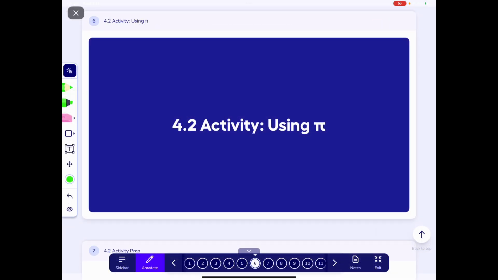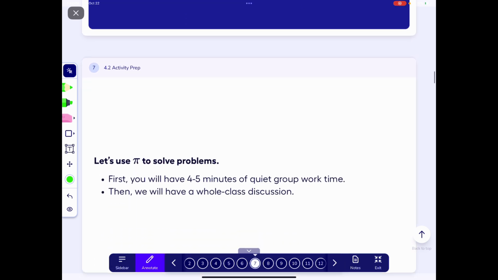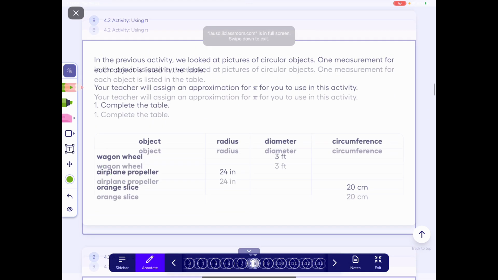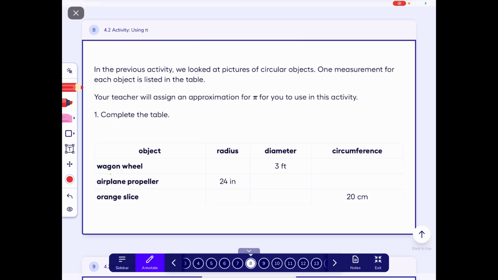In this activity, we're going to use pi. We're going to use pi to solve problems. In the previous activity, we looked at pictures of circular objects. One measurement for each object is listed in the table. And it says I'm going to assign you an approximation for pi, but I'd like you to use pi.